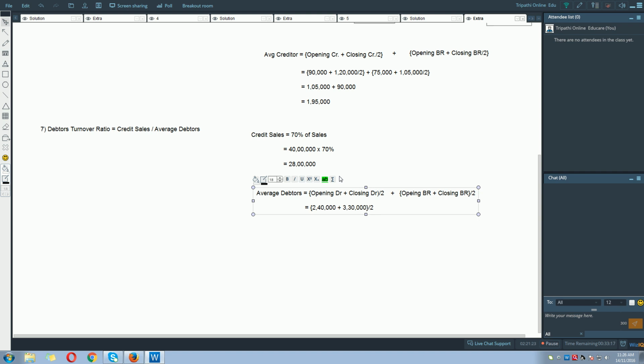Debtors turnover ratio, that is equal to credit sales upon average debtors. Now here we want two things, one is the credit sale and the second one is average debtors. So let us calculate credit sales first.